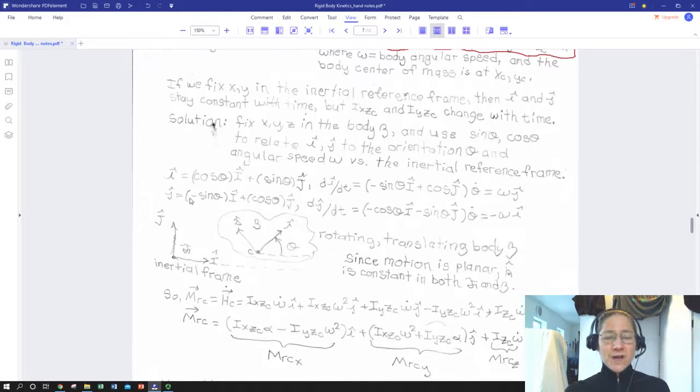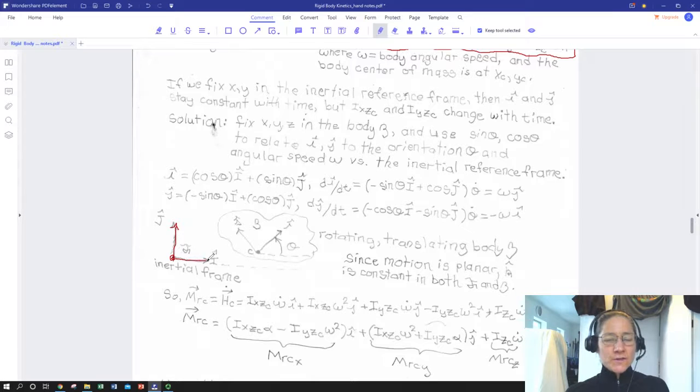So we're going to define two sets of unit vectors. We've got an inertial reference frame out here with capital I and J unit vectors. So this is our non-accelerating, otherwise known as inertial reference frame. So that's the squiggly F inertial reference frame. So it has unit vectors capital I hat and capital J hat.